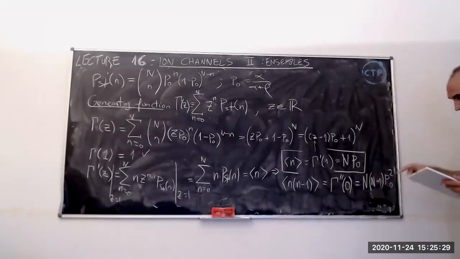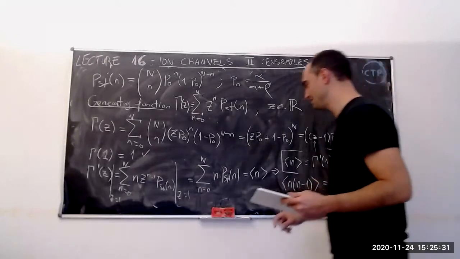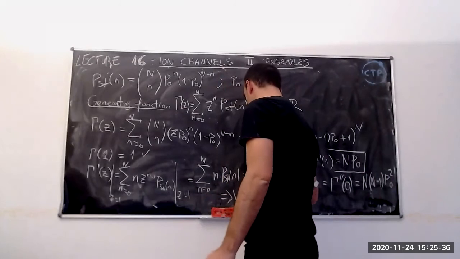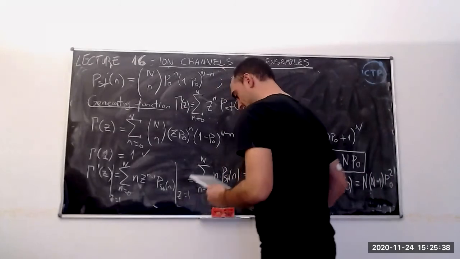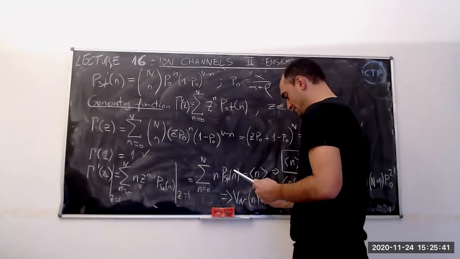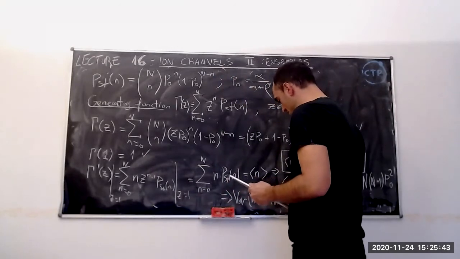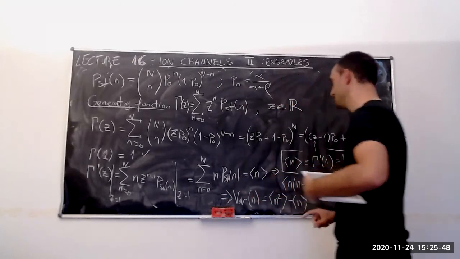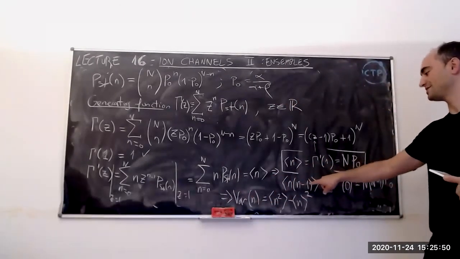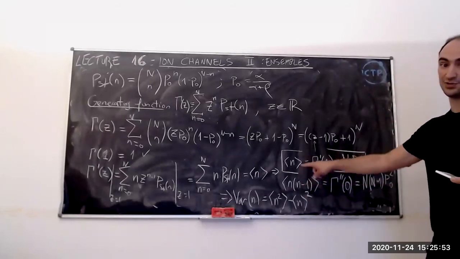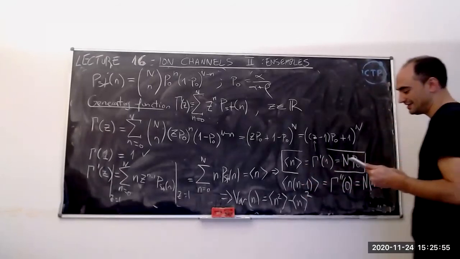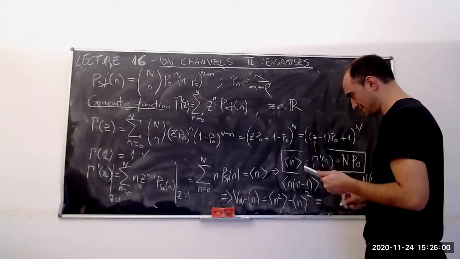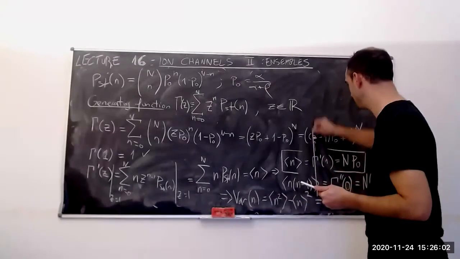And now, from these two, you can compute the variance, because the variance of n is average n squared minus average n squared. Here you have n squared minus average n. Here you have n. So with these two you can do it. Let me write something here.